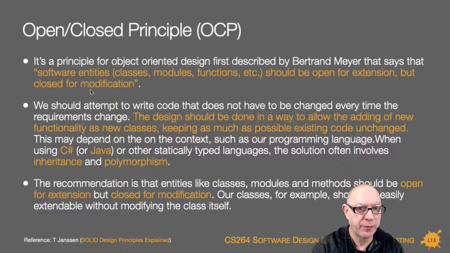What's a good design? Do you get in and start making changes to the class, or do you extend that class with a subclass that includes all the extra functionality without changing the original class?